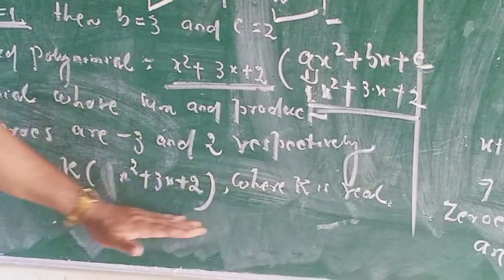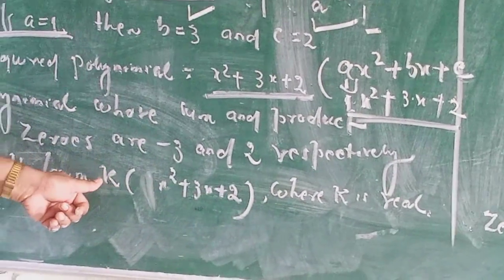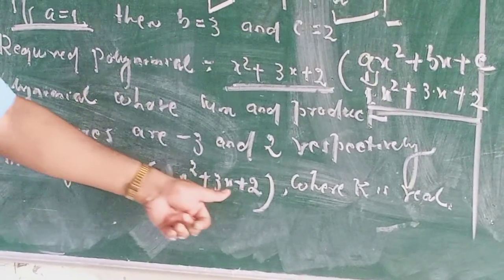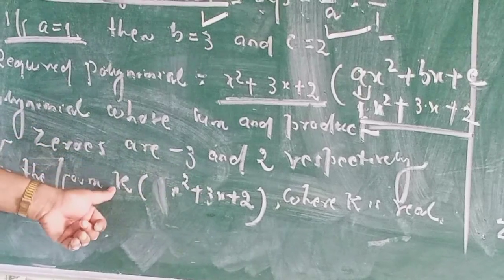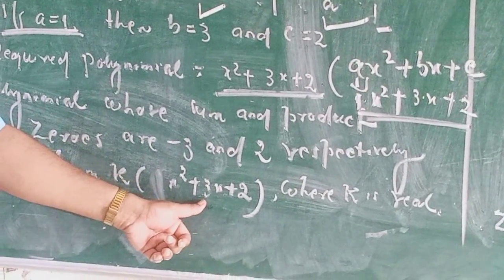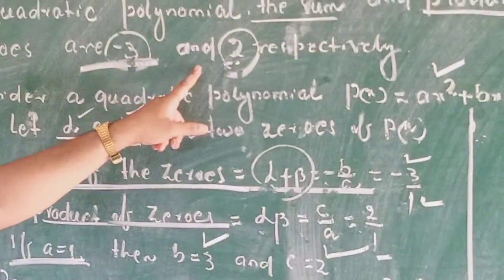There will be many. If you put k equal to 2, one more polynomial will come. If k is 3, another polynomial will come. If k is 4, the next polynomial will come. So there are many polynomials whose sum of zeros is -3 and product is 2.